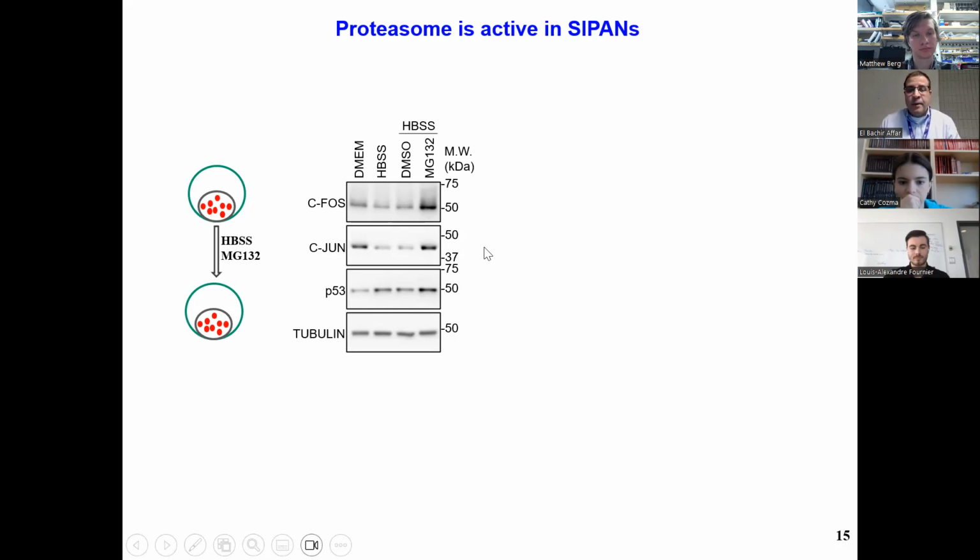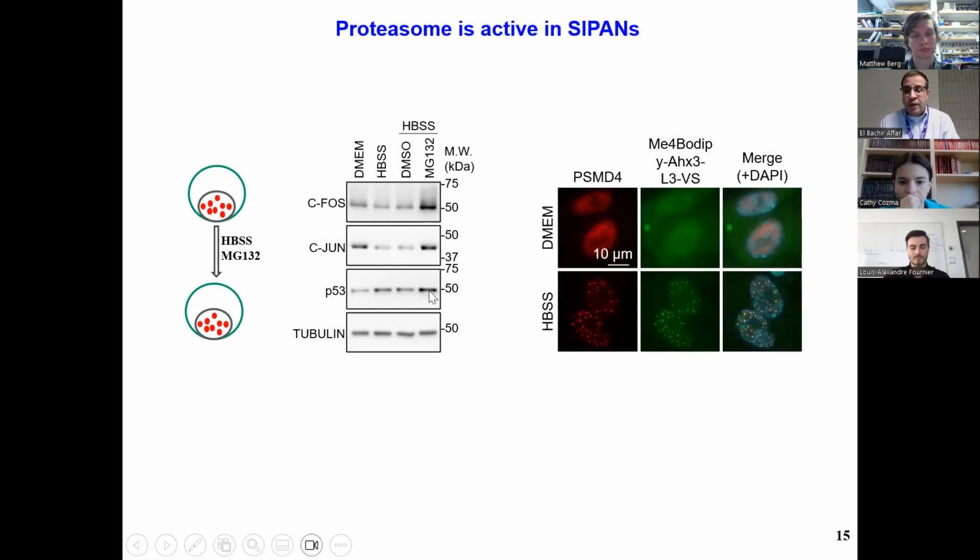We selected nuclear proteins, for example here CFOS, CJUN, and P53, and we took cells that form the foci nicely after 6 to 8 hours of treatment, and by adding MG132, we can see that we have an accumulation of CFOS, CJUN, and P53, suggesting that the proteasome is still active in these foci.